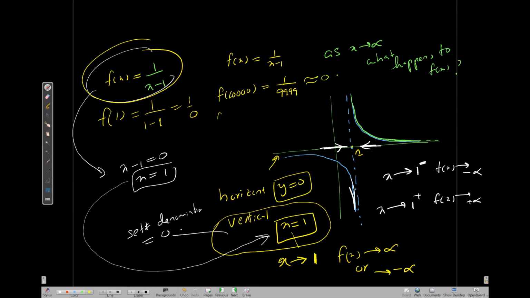And if I make my x even bigger, I am getting 1 over a very, very large number, which is going to 0, right? So that's one way of finding the horizontal asymptote. So the y value is 0. That's the simple idea. Now let me put those things in a nice way. So vertical asymptote, write down asymptotes.